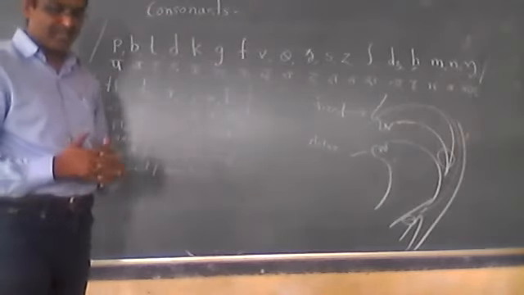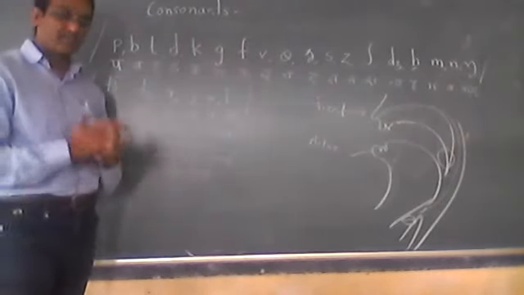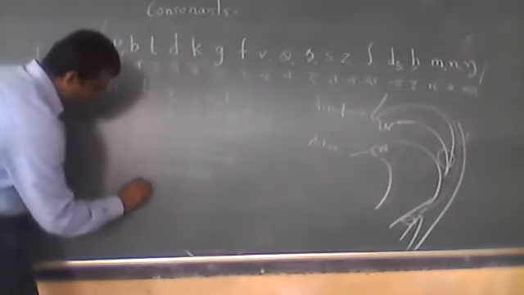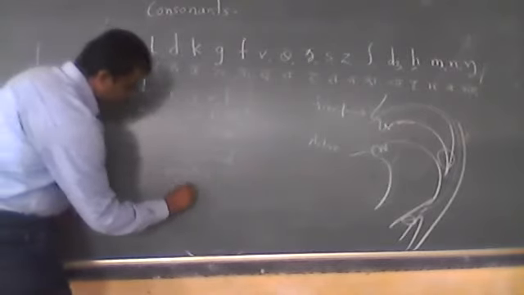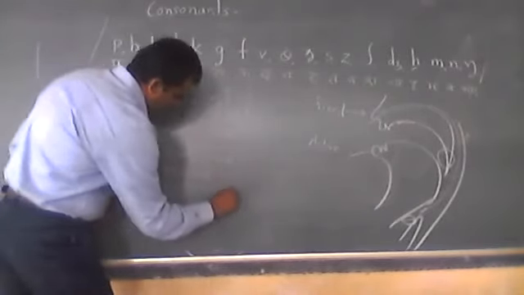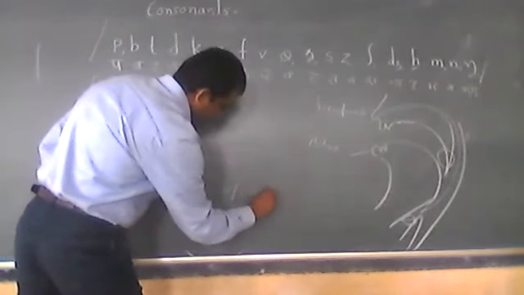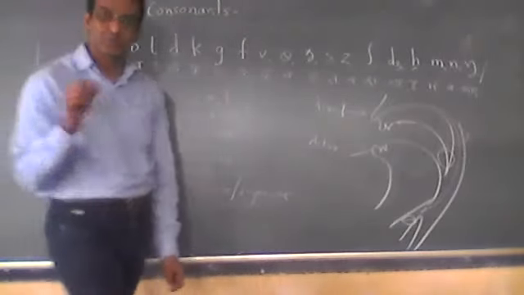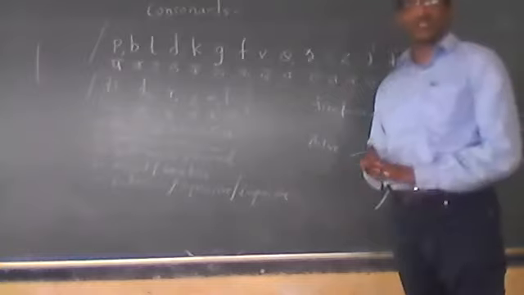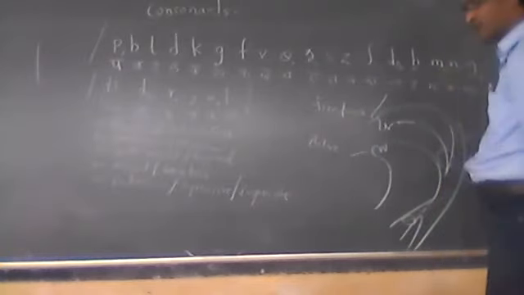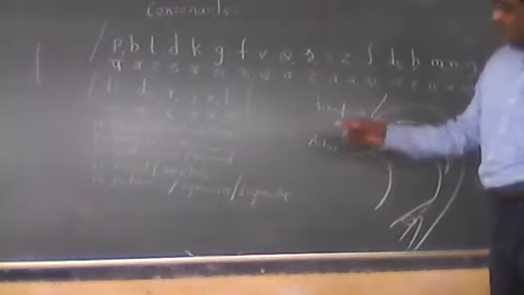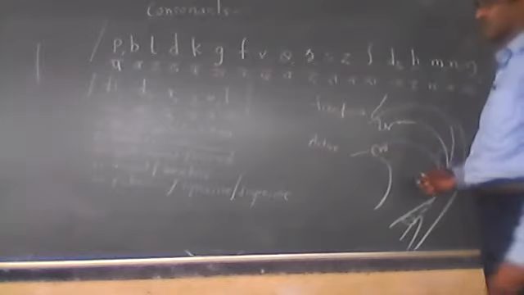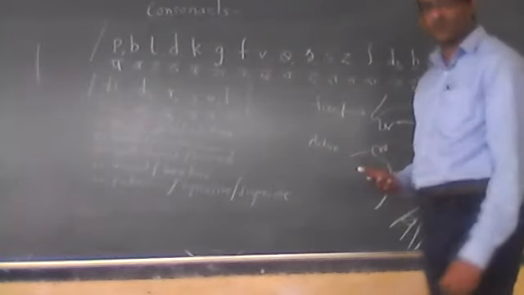So we have these types of sounds, and we have to describe them. At the same time, when describing, we have to indicate whether the sound is pulmonic, egressive, or ingressive. Pulmonic stands for air that comes out through the lungs.